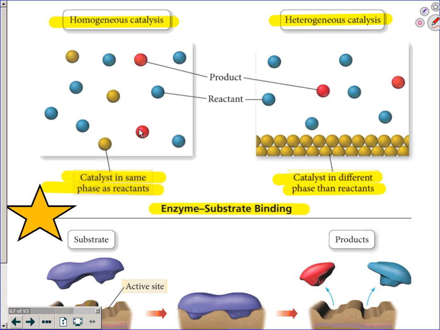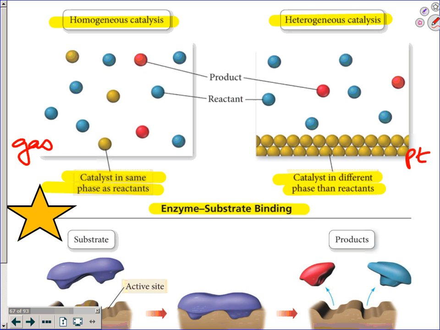Gaseous, probably. And then in the other scenario, you have a surface catalyst, and the surface is like platinum or zinc. Some other good catalyst: nickel, copper. There's a lot of metals that are surface catalysts. So like a catalytic converter uses platinum. So this would be a solid, and the rest of the reactants and products would be probably gases.